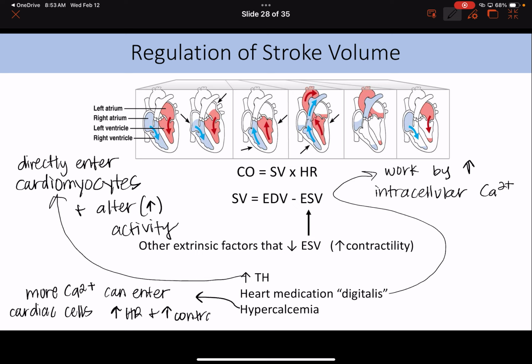All of these three things, thyroid hormone, digitalis, hypercalcemia, are referred to as positive inotropic agents. Inotropic means that it can change the force of contraction.